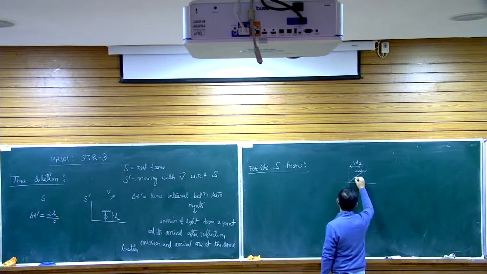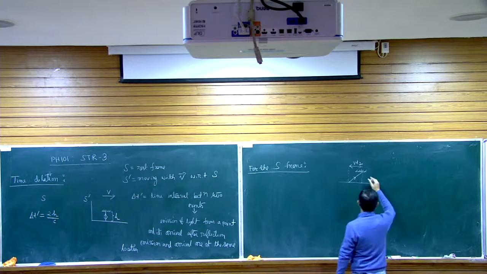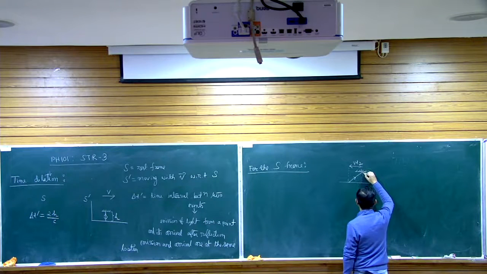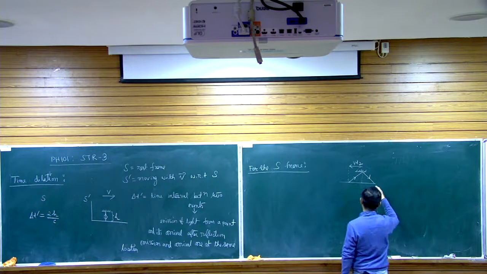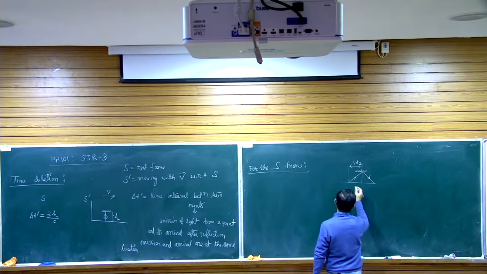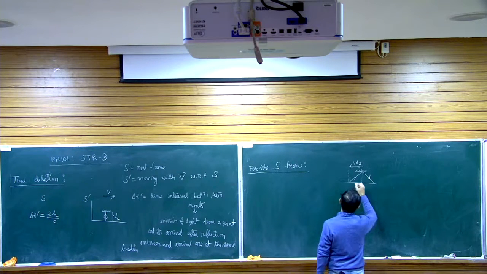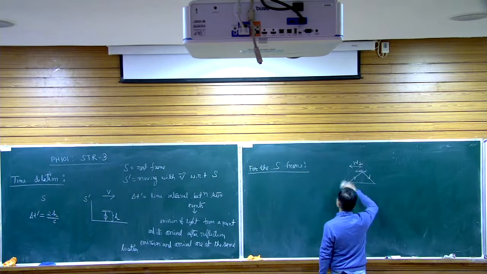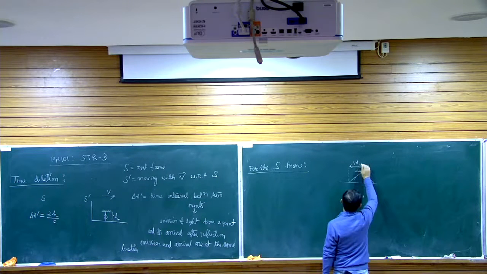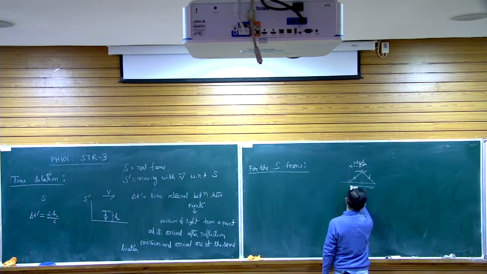So after that, light will get reflected and then it will be reaching the floor of the train again, but this distance will be, if I consider this as vT2 by 2, so the total time taken is from here to here, total time taken is T2.